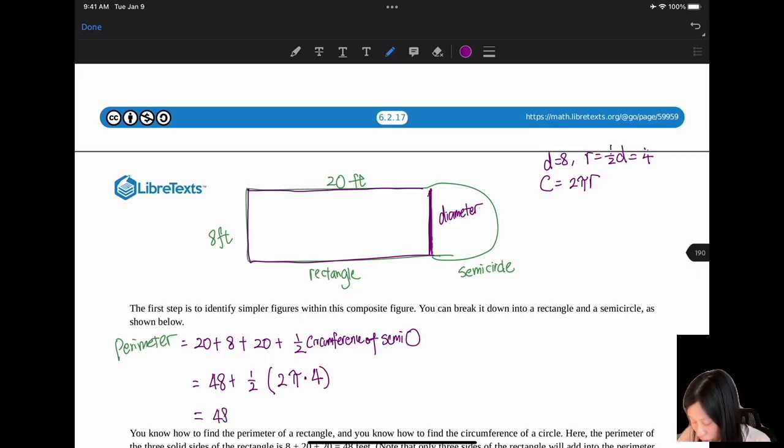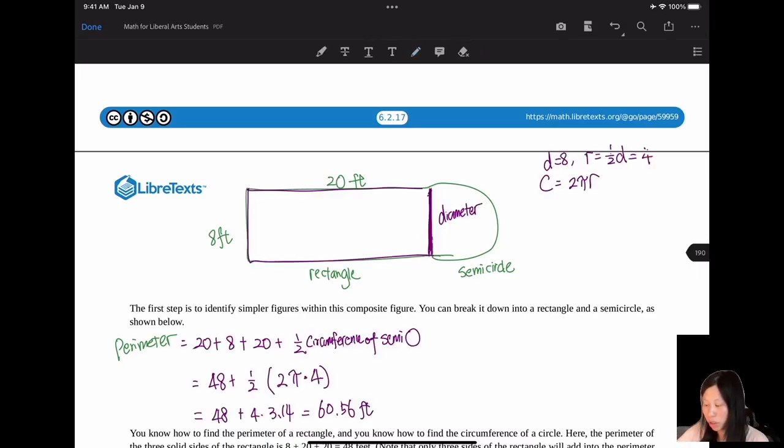So let me simplify it: 4 times 3.14, let me use a calculator. This is equal to 12.56 feet.